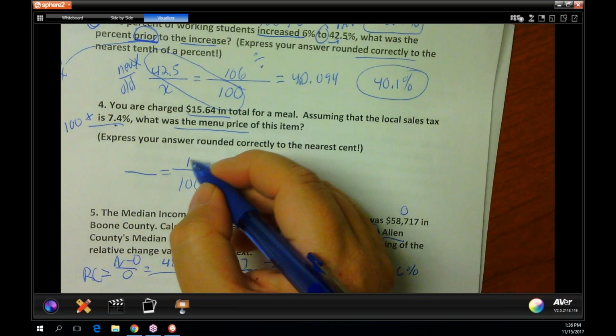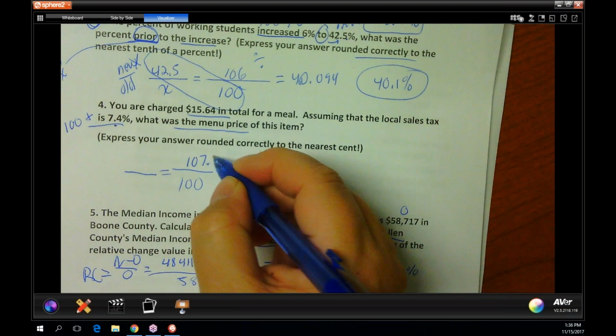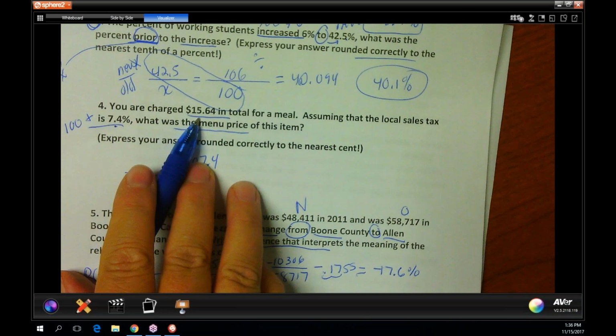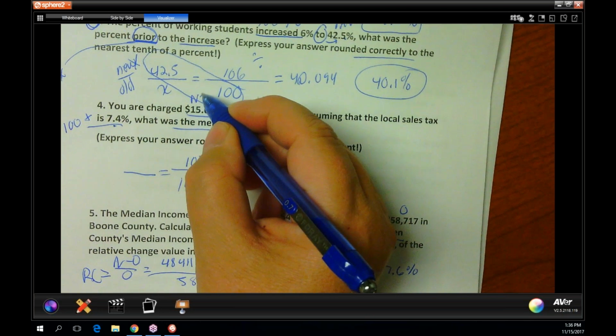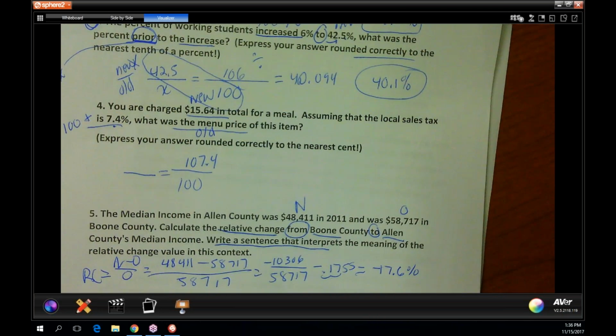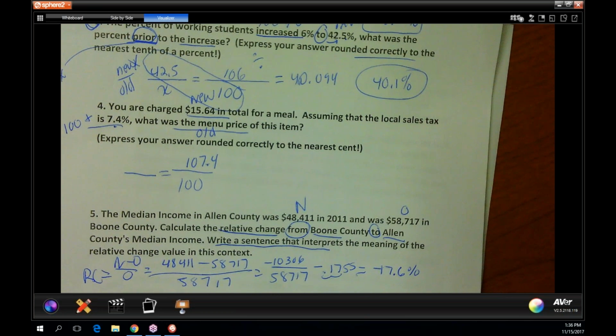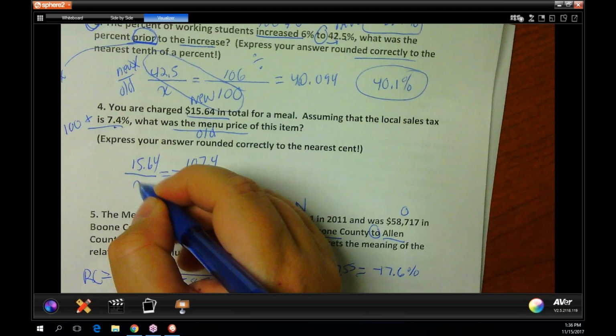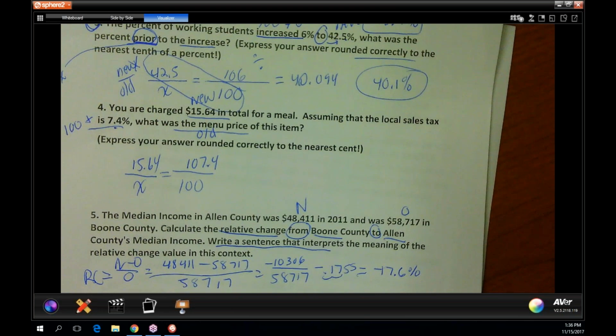So it's 100 plus 7.4, 107.4. This was the price after the tax. So this is the new. The menu price was the old one before the tax. Okay. So 15.64 and X.